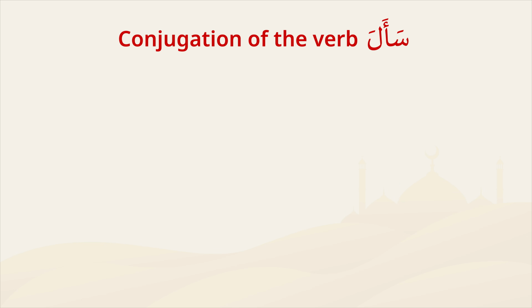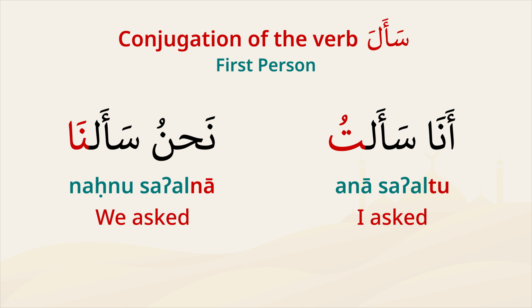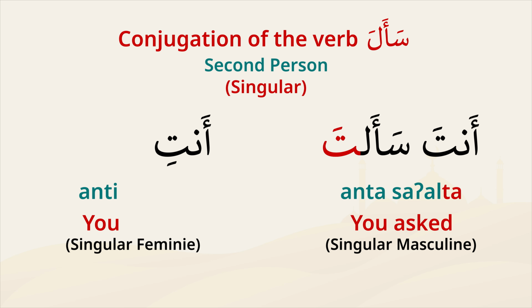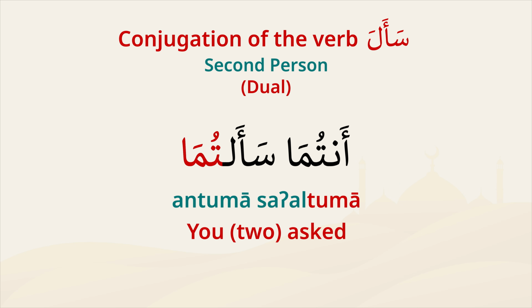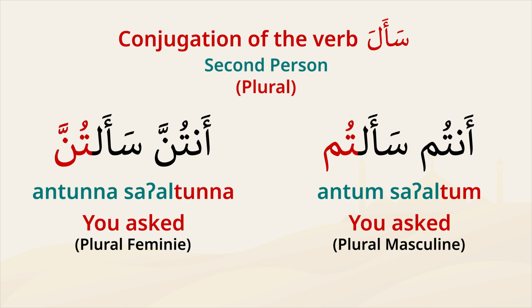The pattern remains consistent. Add the suffixes directly and adjust the vowel of the verb's last letter. So for first person we have أنا سألت and نحن سألنا. For second person, أنت سألتَ, أنت سألتِ, أنتما سألتما, أنتم سألتم, and أنتن سألتن.